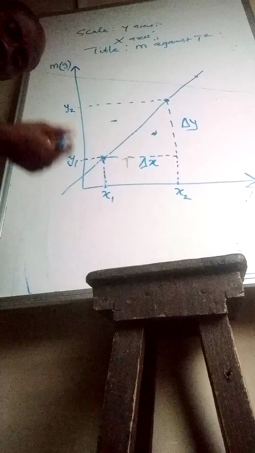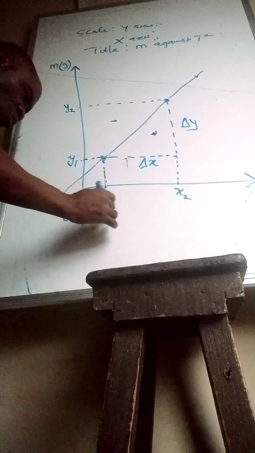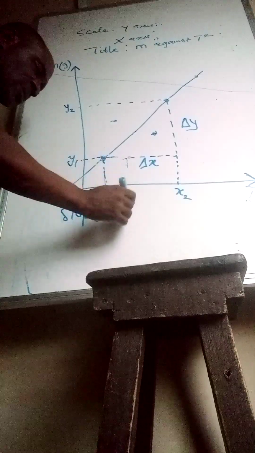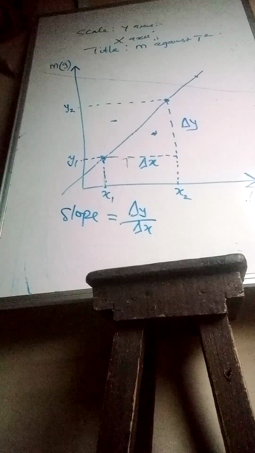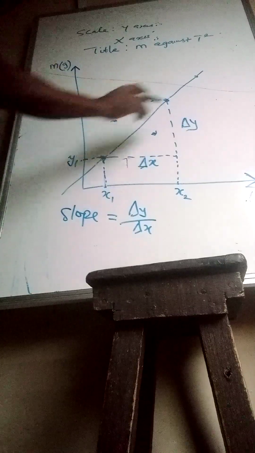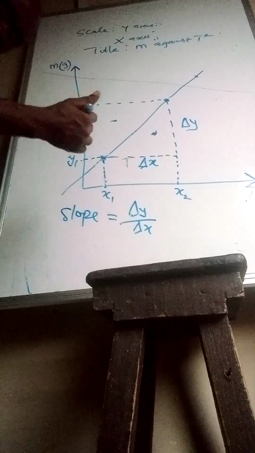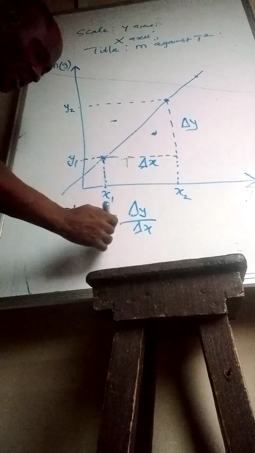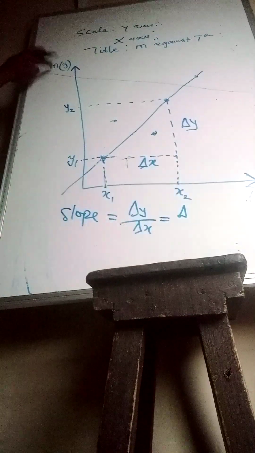Now, you go to the page where you want to calculate your slope. Slope equals, the first thing you write is delta y over delta x. It's a point. If you don't write this delta y here and delta x here, you have lost a mark. So the next thing, you write delta, whatever is on the vertical.